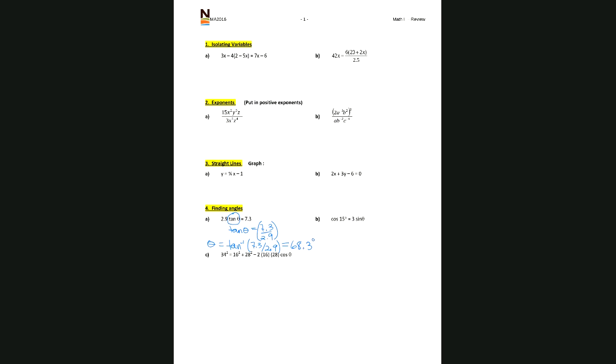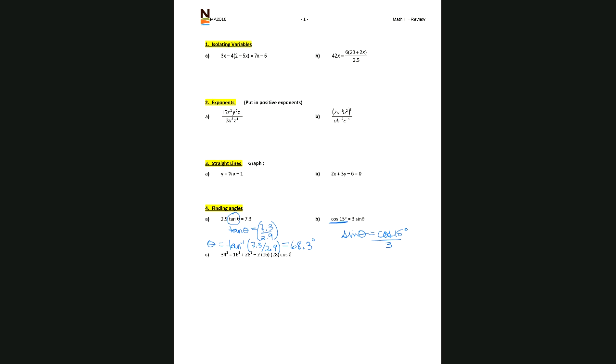Okay, for question B, we need to evaluate this as a number. Now this will have a lot of decimals. It is not a rational number, so try to keep all those digits in the calculator. So divide by 3 to isolate sine theta. So cos of 15 degrees is about 0.9659.